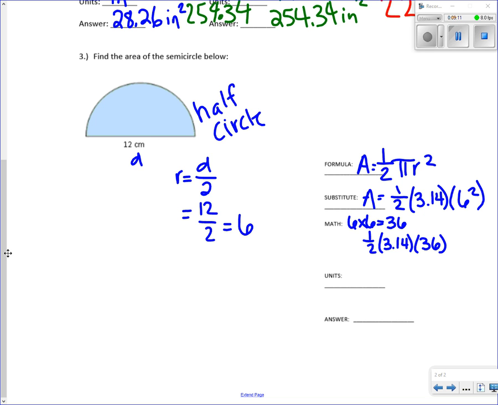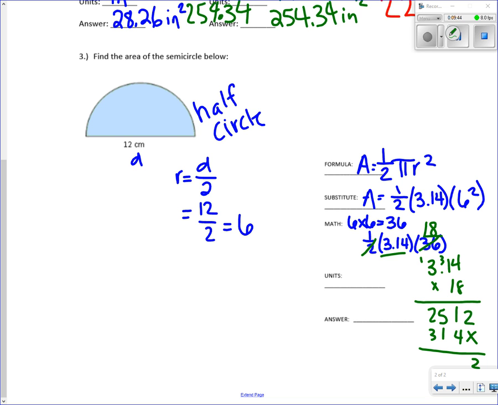If I have a fraction or a decimal that's not a big decimal, I get rid of it early on. So I can cancel this 2 with my 36 and get 18. Remember that cross-canceling we did with fractions. Now all I have left is 3.14 times 18.